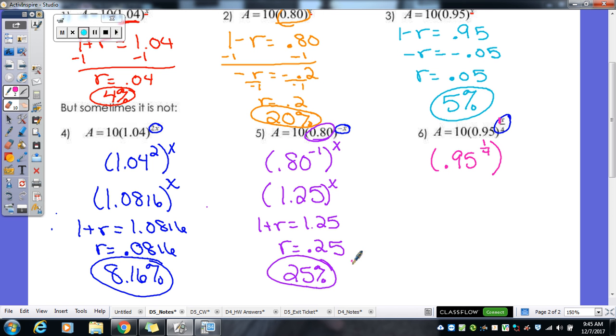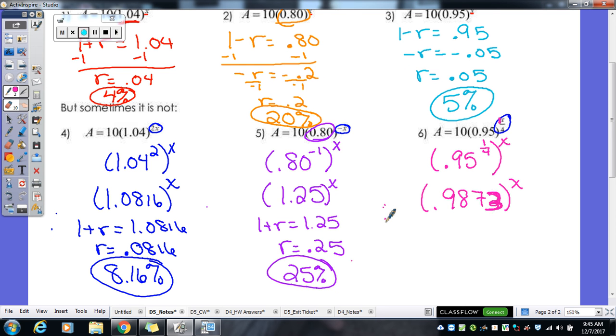So you would have to take the 1/4 away from the x. So 0.95 to the 1/4 power.